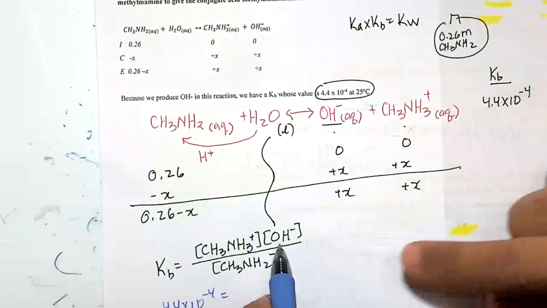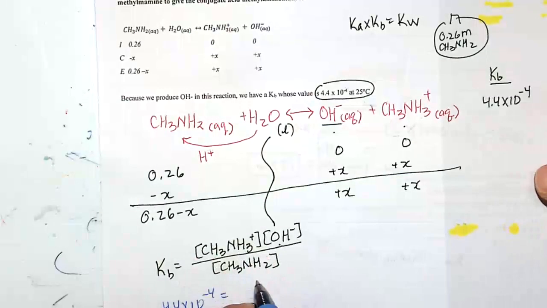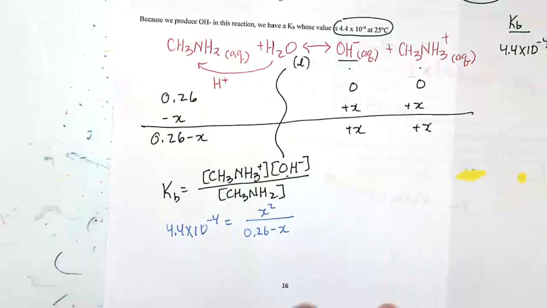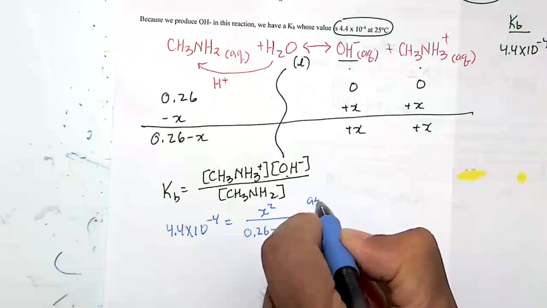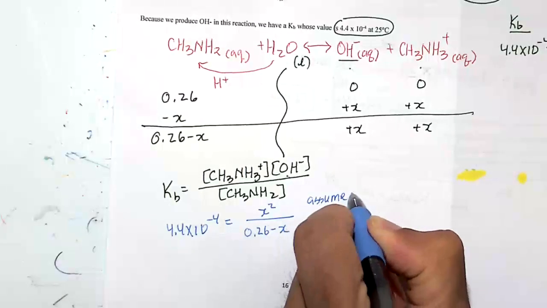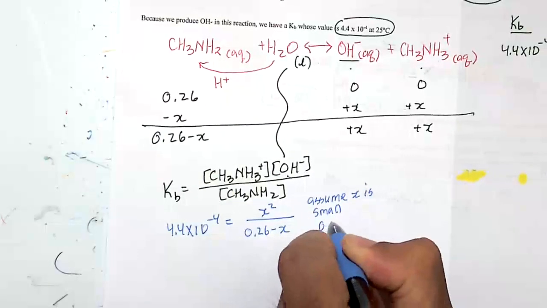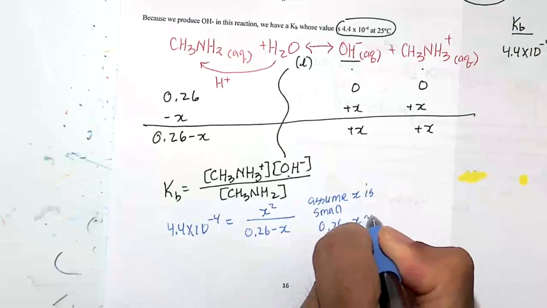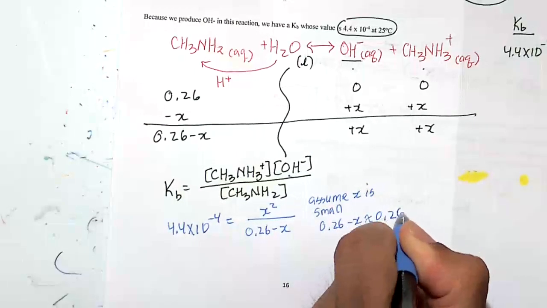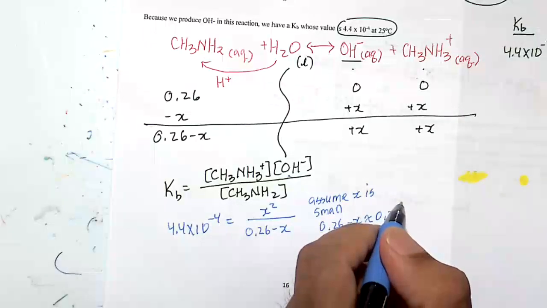So Kb is 4.4 times 10 to the minus 4. OH minus is X, CH3NH3 plus is X. X times X is X squared, over 0.26 minus X. We will assume X is small here, so you can do this on the exam. So 0.26 minus X is about 0.26.